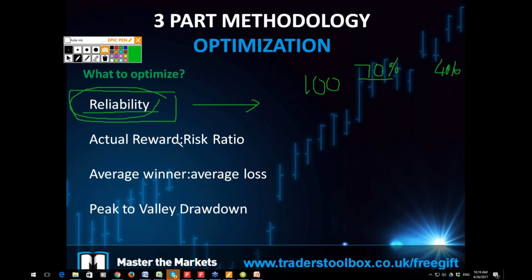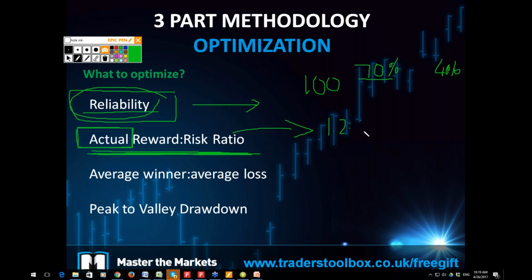The second one that you must know is your actual reward to risk ratio. Remember, the important point over here is that it's called actual. It's not expected, it's actual. So in terms of a profit to loss ratio, how much are you really making?